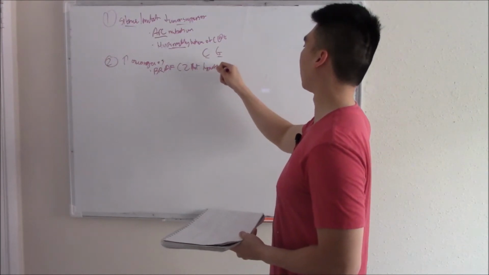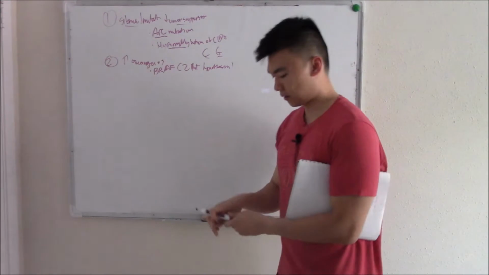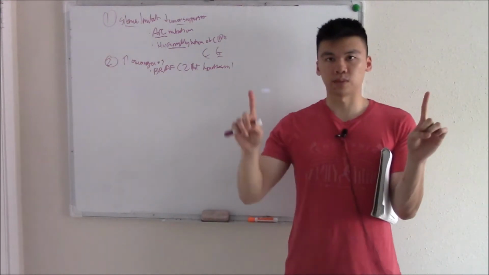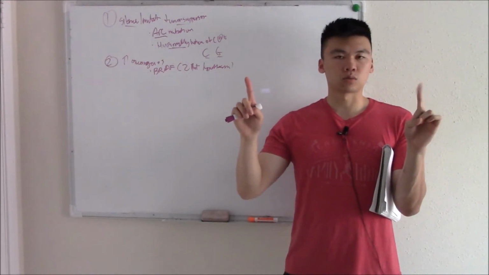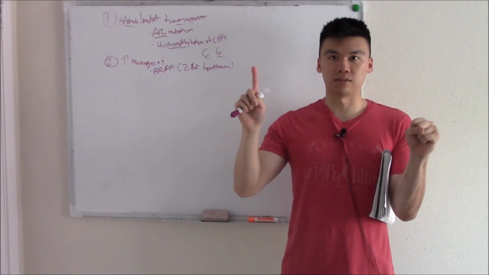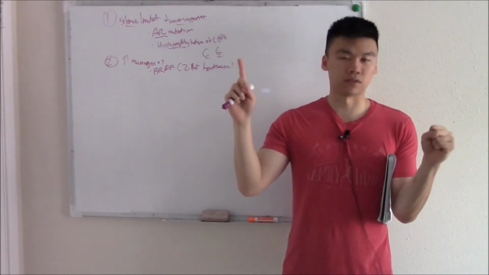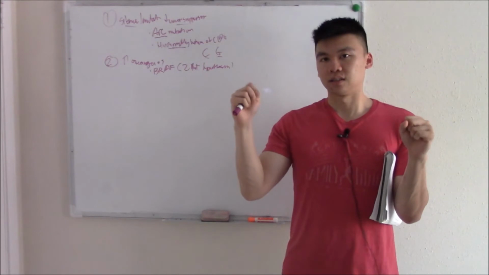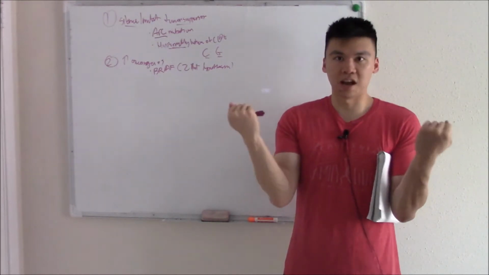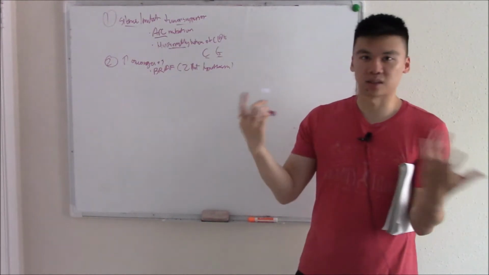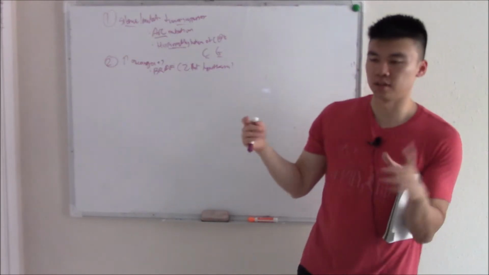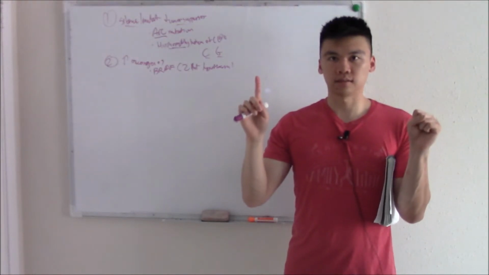What's the two-hit hypothesis again? You have two alleles, one from mom, one from dad. If one of them gets a hit and goes out, that's all right. We still have one allele to cover for us. If that allele gets hit, two hits, then you have no alleles, and then you'll express the mutation. So first hit, second hit.